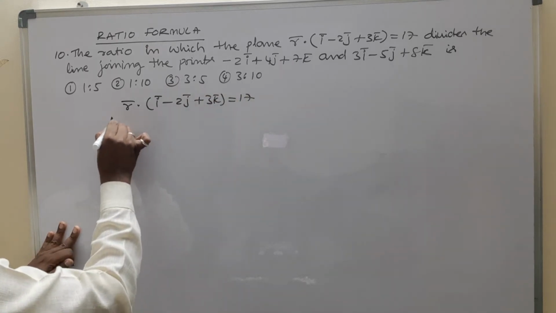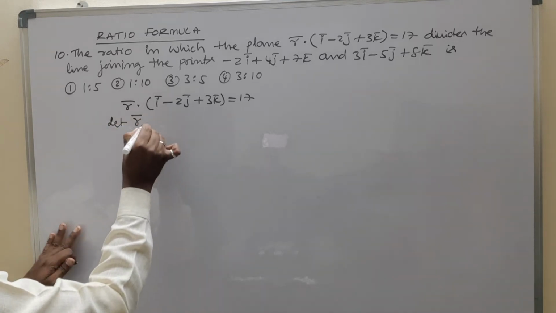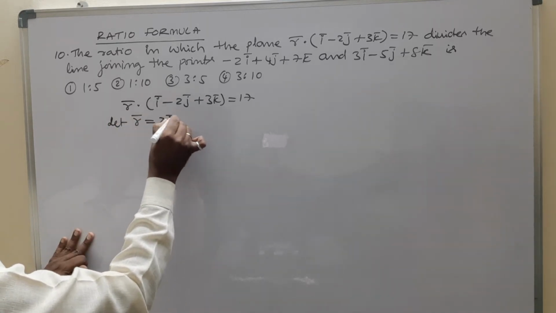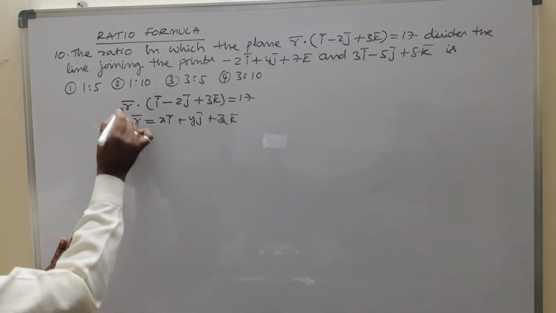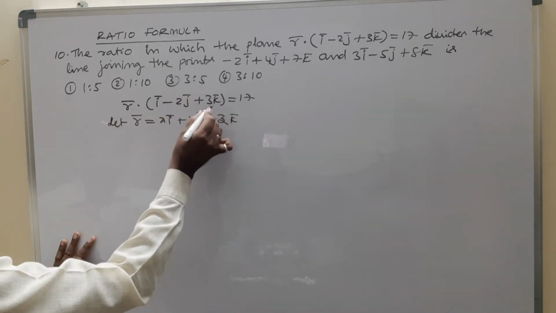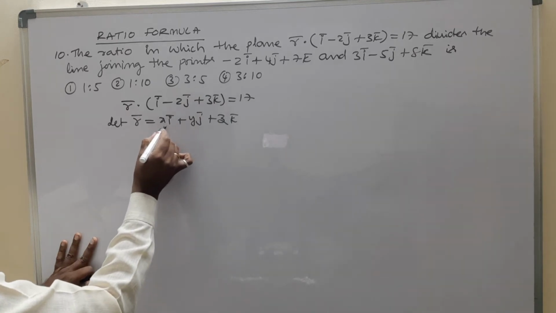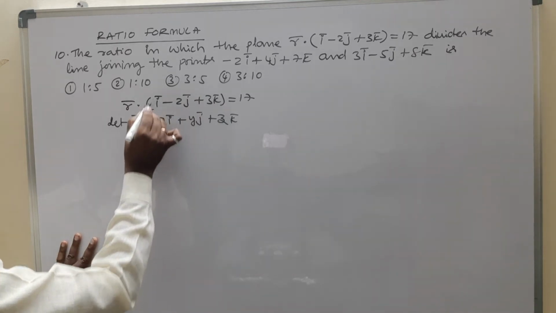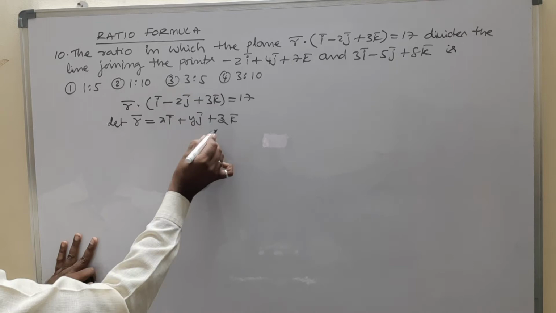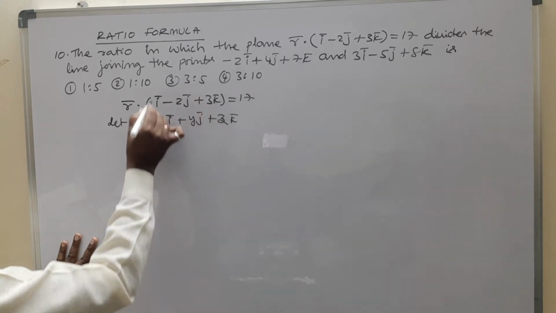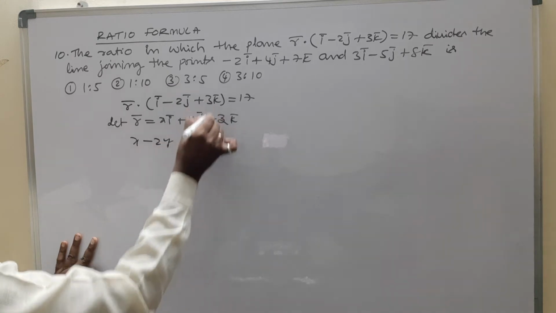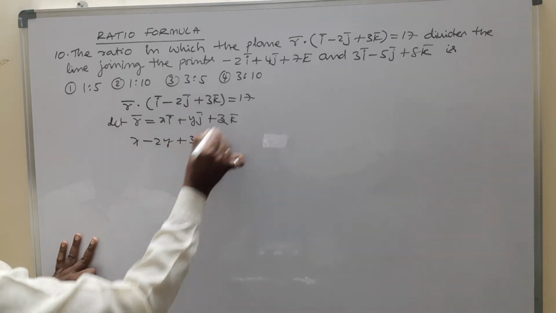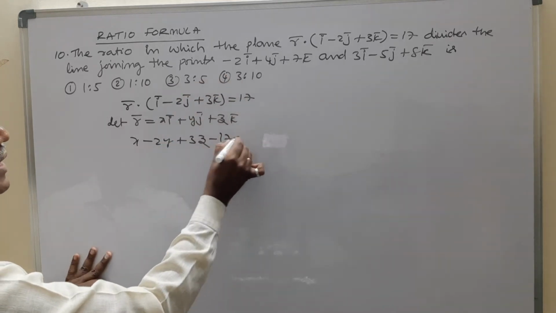Let it be converted into Cartesian form. r bar equal to x i bar plus y j bar plus z k bar. Here r bar dot (i bar minus 2j bar plus 3k bar), the result is a dot product, multiplying i bar with i bar, j bar with j bar and k bar with k bar. x minus 2y plus 3z, and 17 becomes minus 17.